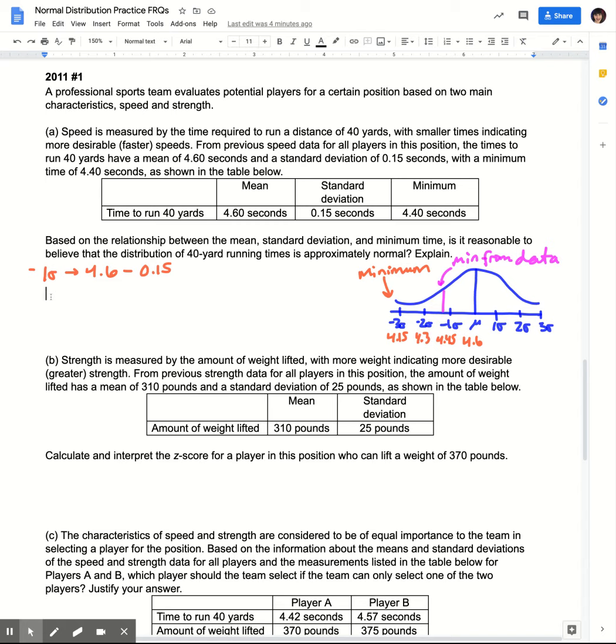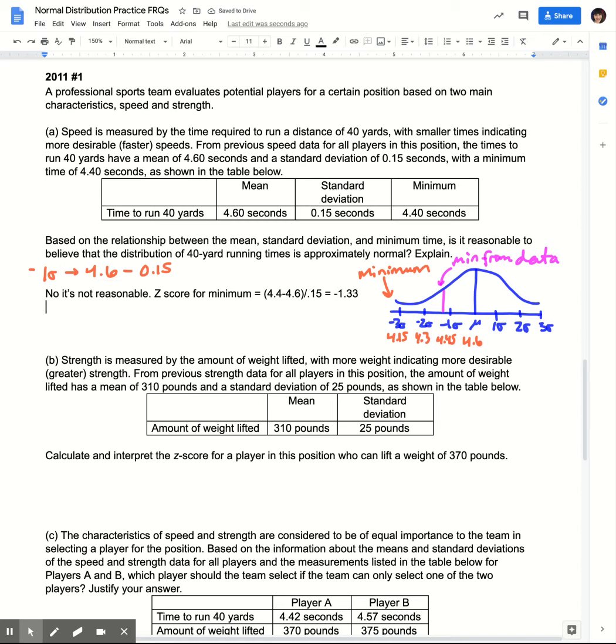The way I would write this is, no, it's not reasonable. Then I would show a z-score calculation for the minimum value. The z-score for the minimum is 4.4 minus 4.6, all of that divided by 0.15, which is negative 1.33.